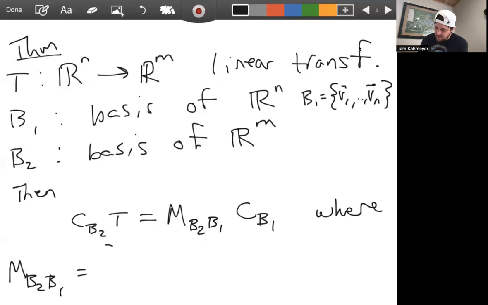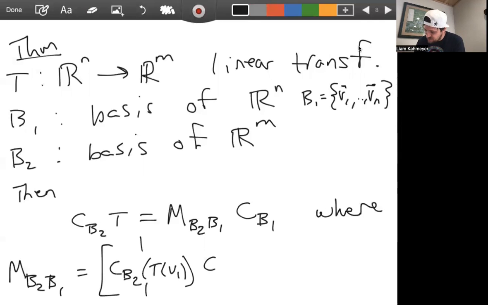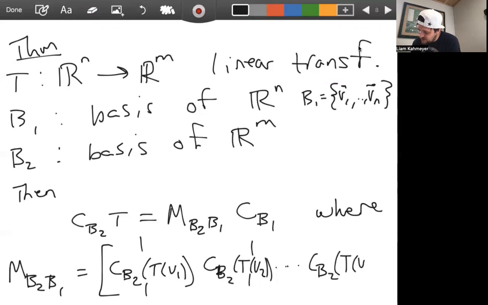This is a matrix defined as CB2 of T(V1) in the first column, CB2 of T(V2) in the second column, et cetera, all the way to CB2 of T(Vn) in the nth column. So this will be a unique m by n matrix, right?